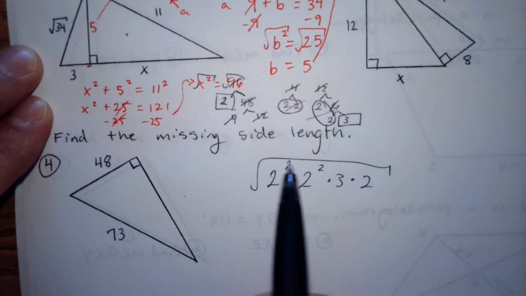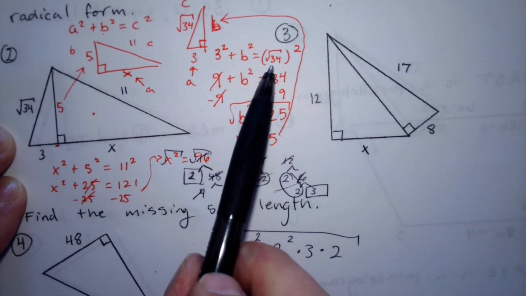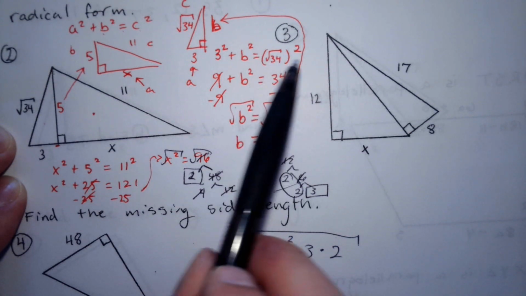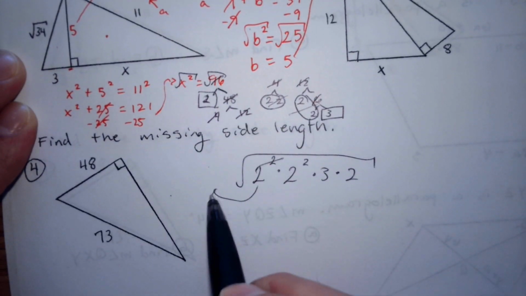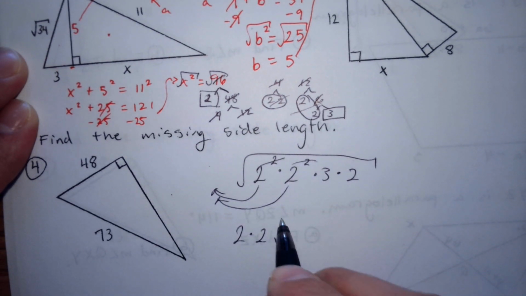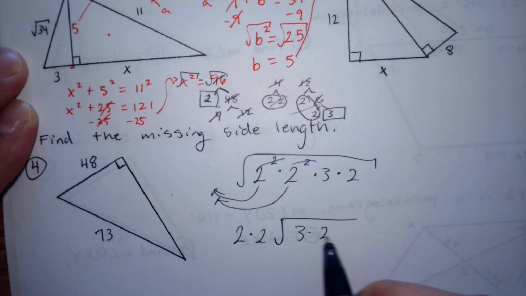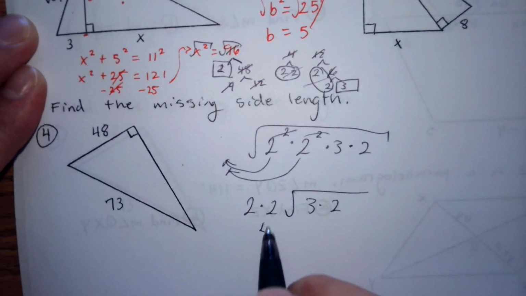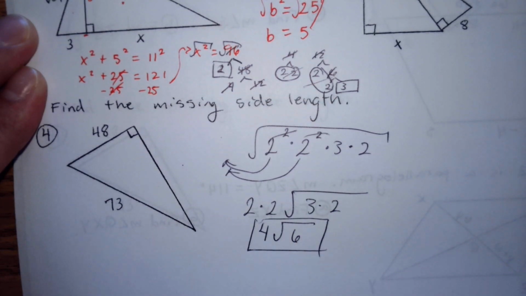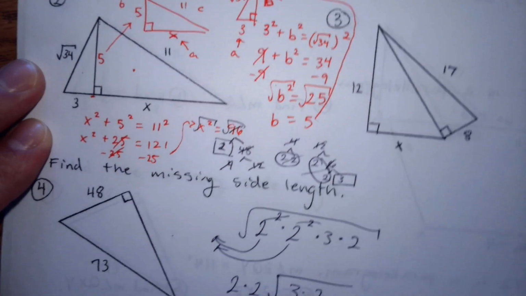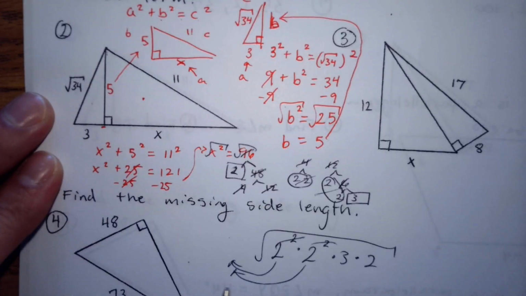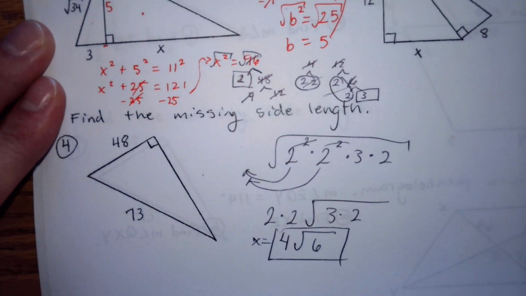But the things that are squared, just like a square on the outside and a radical on the inside, they cancel. Same thing here, they cancel, and then I can bring it out. So I get 2 on the outside, 2 on the outside, and 3 times 2 on the inside, which is 4 square root 6. So x equals 4 square root 6. That's for this problem. Normally I wouldn't have written so much, but I was trying to explain. So that's the end of that one.